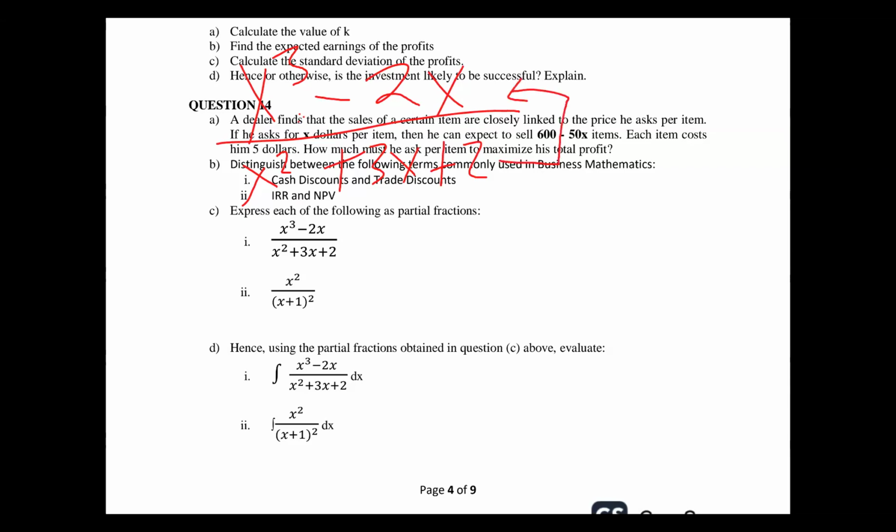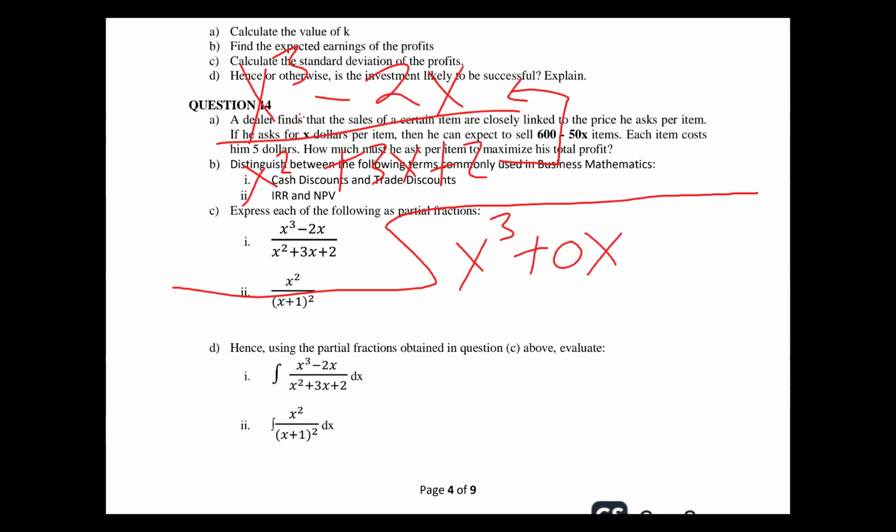Okay, so let's use long division and divide these fractions. The numerator being x to the power 3, we could arrange this plus 0x to the power 2. Since we don't have the x to the power 2, this one is just a placeholder, because 0 times x squared is just as good as 0. But we're trying to hold a place, and you'll see why very soon.